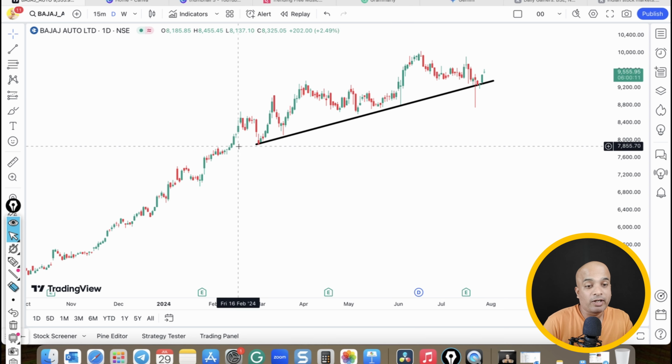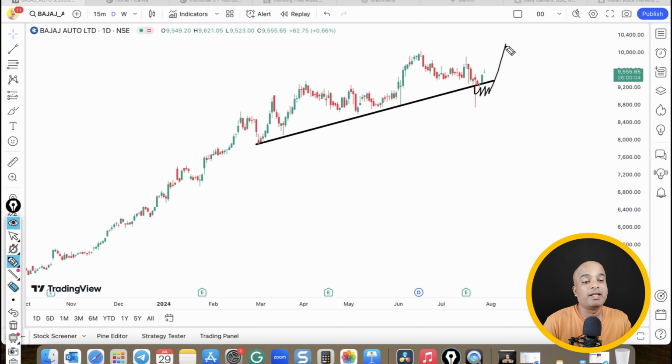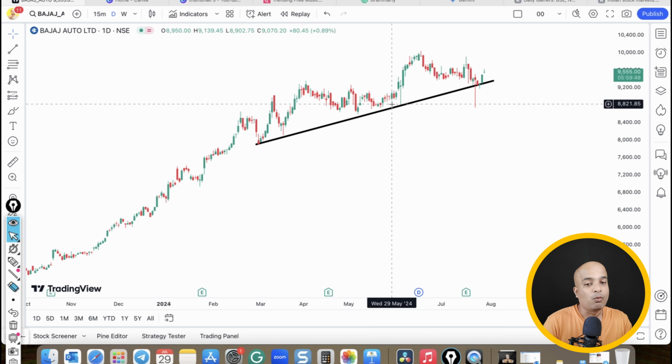But if the price spends more time here, 2-3 days, it becomes invalid. If it goes up, then it becomes invalid. But only 1 day of activity highlights the importance of the buyers. It says buyers are waiting below the trend line. So this is a valid trend line.